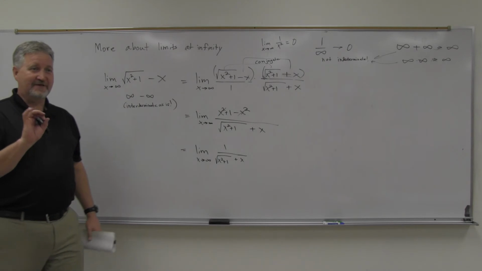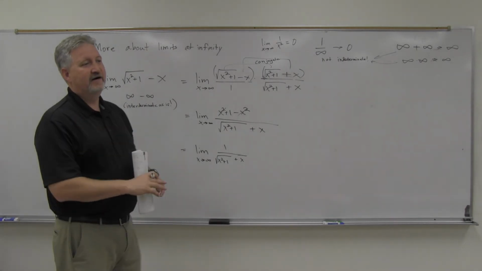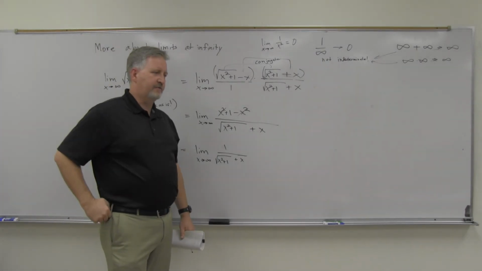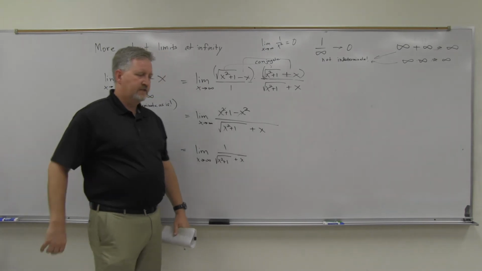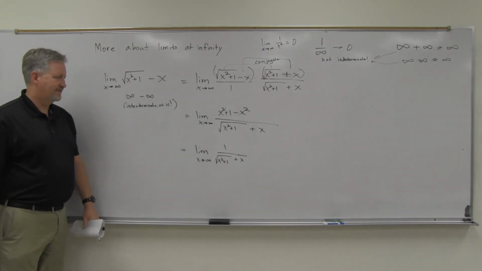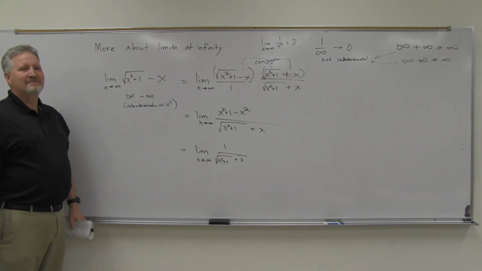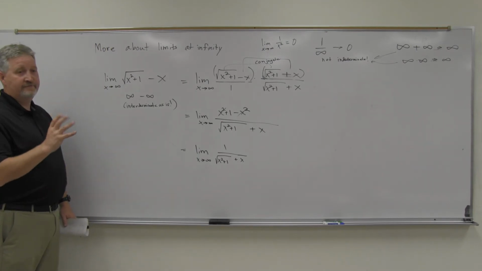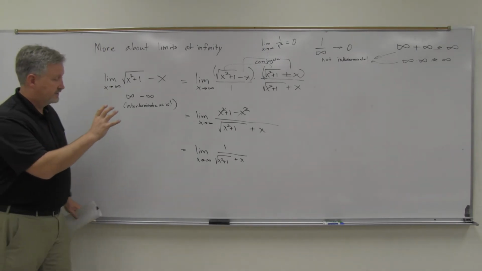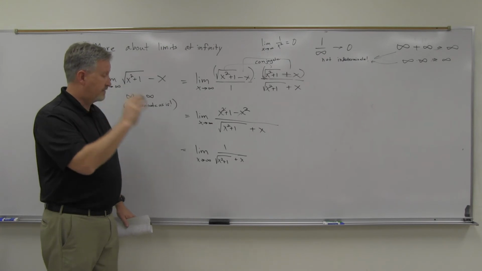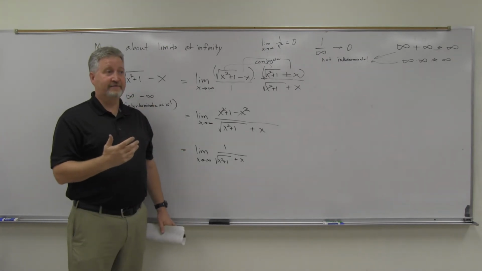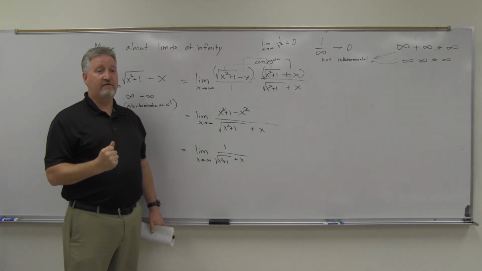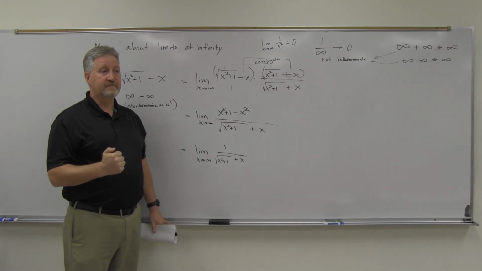Now there's a couple ways we could go here, but let me show you this way, because I don't think one of the other ways I'm thinking of would always work. Since I've got this set up, I can use my other technique, which is to divide by the largest power of x there is on the denominator.